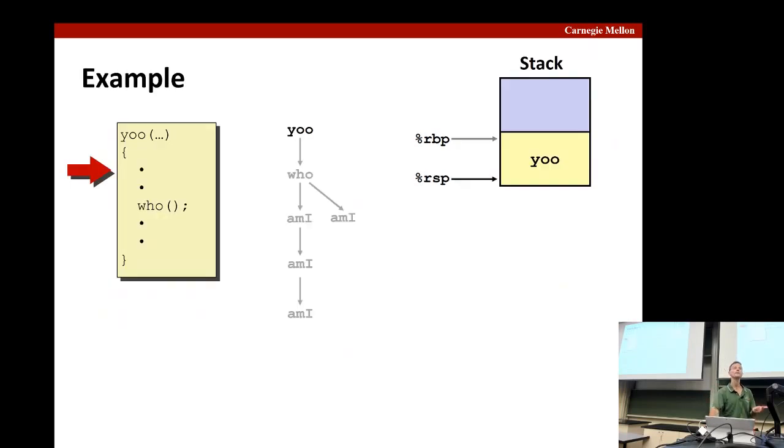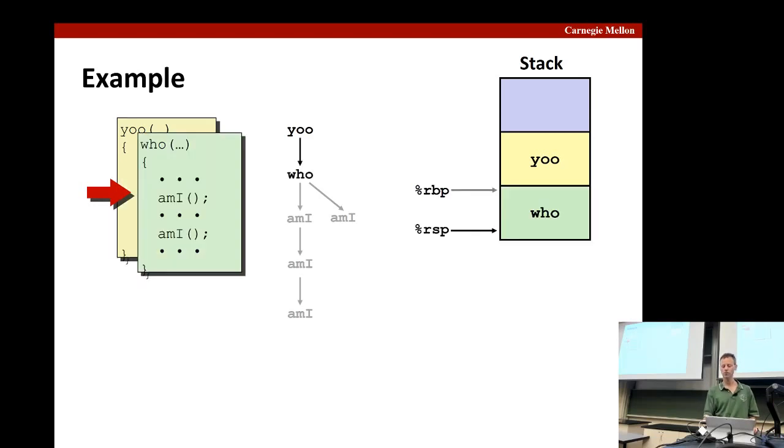So we're in U, and now it gets to the point where it calls who, and so now we have the frame for who, and the stack pointer is always at the top of the stack here. There's another register, RBP, which points to the other end of this frame, and that register is optional because it's typically only needed when there's a variable amount of stuff that's going to be put in here.